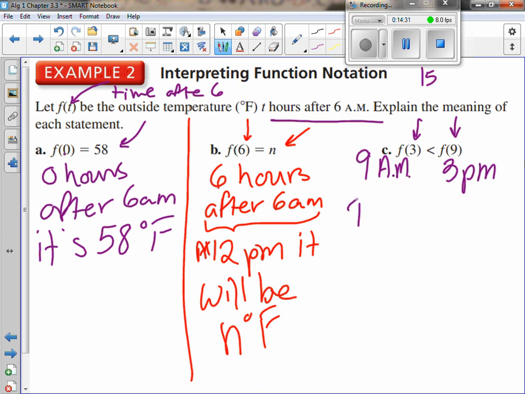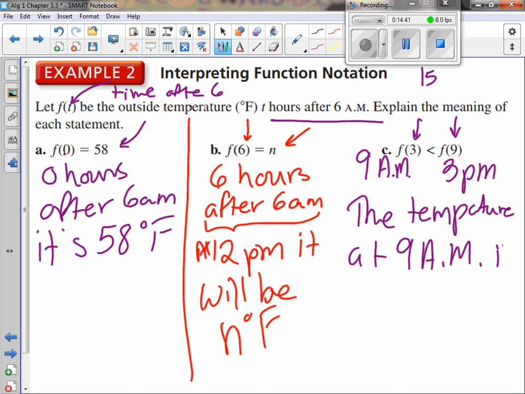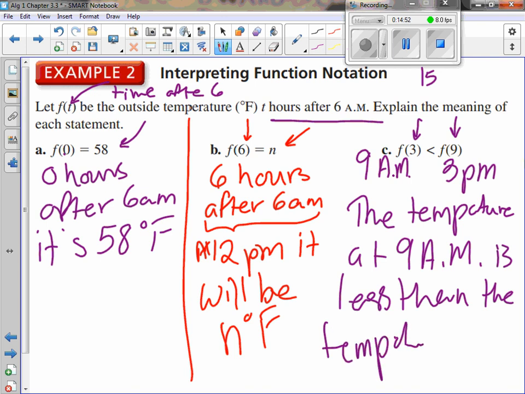Now this is telling us that the temperature at 9 a.m. is less than the temperature at 3 p.m., because F of 3 is less than F of 9. Questions on this here?